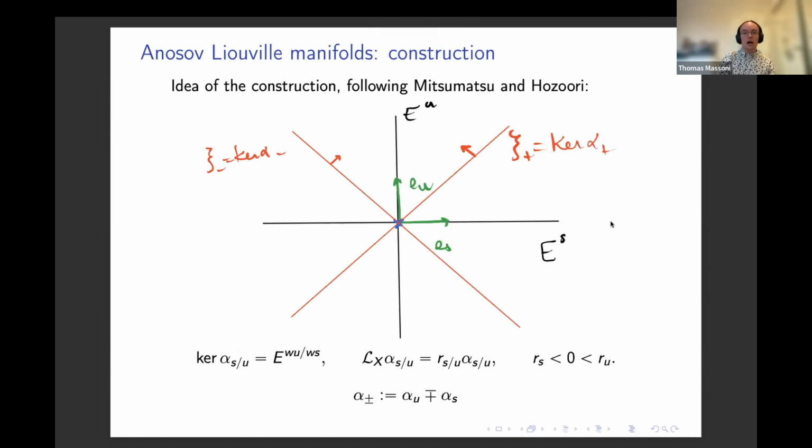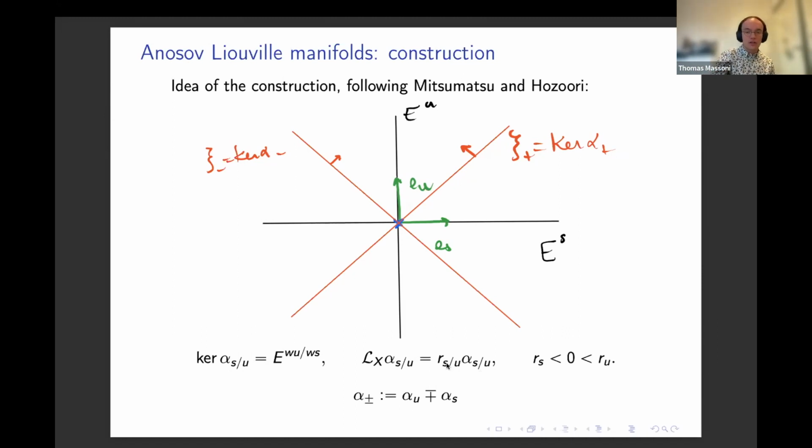And the construction follows from ideas of Mitsumatsu that were extended by Hozoori, and it looks like this. So I had the splitting with the stable and unstable directions, and I can rotate the stable and unstable direction by 45 degrees and get these contact structures. But we need a bit more. We need also one forms. So the weak stable and weak unstable foliations or distributions can be defined as the kernel of suitable one forms. These one forms will satisfy that if I take the Lie derivative along the flow, I'll get something that is proportional to these forms because of the integrability of the weak stable and weak unstable distributions.